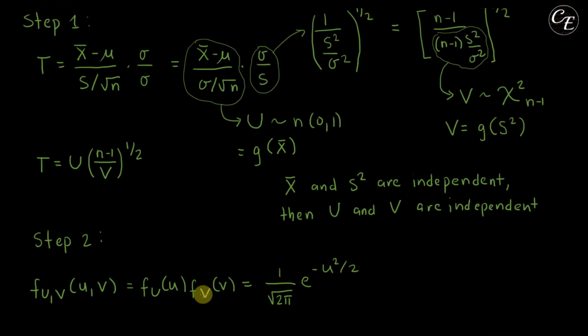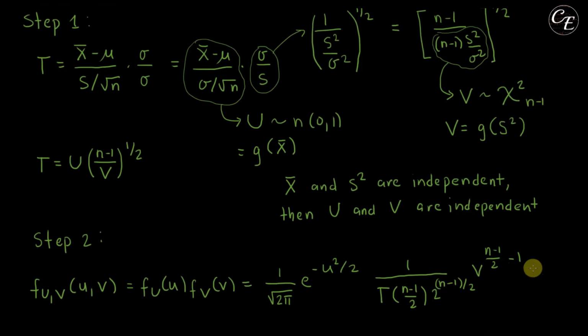And then for this V, which has a chi-squared distribution with n minus 1 degrees of freedom, it is equal to 1 over gamma of its degrees of freedom, which is n minus 1 over 2, and then 2 raised to its degrees of freedom, n minus 1 over 2. And then we have here v raised to n minus 1 over 2, minus 1.